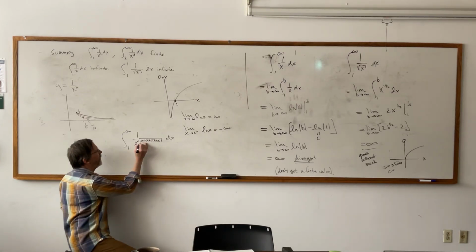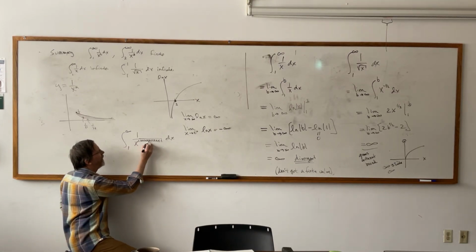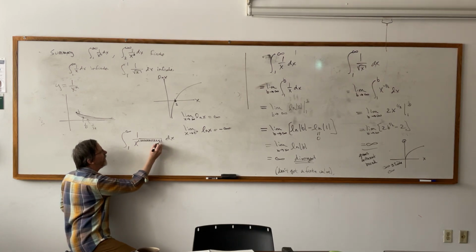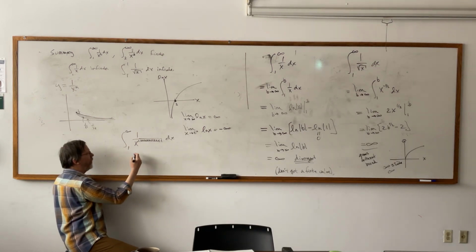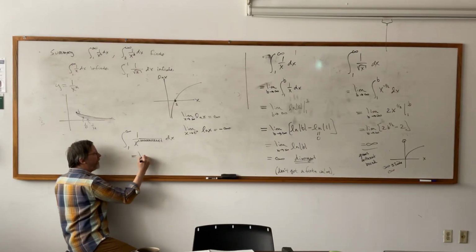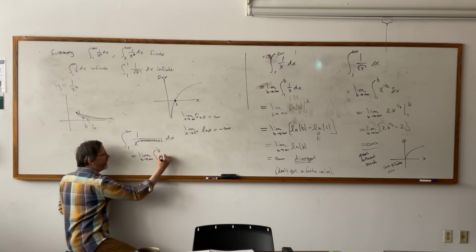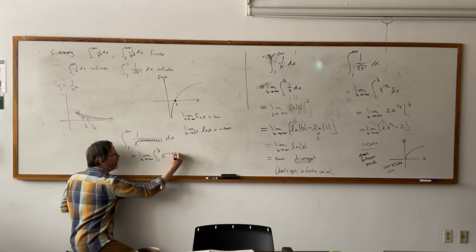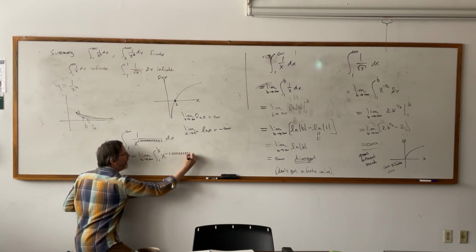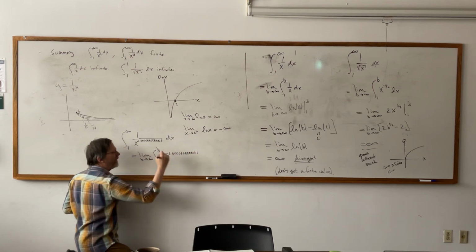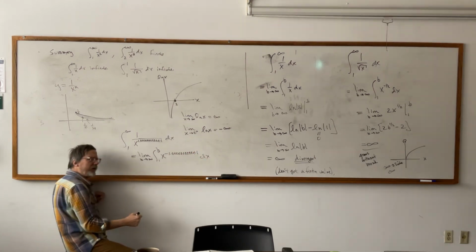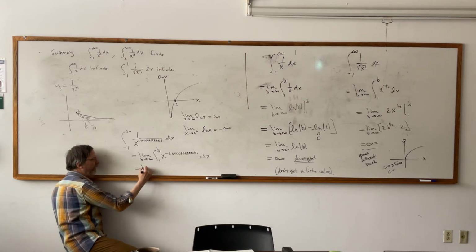Let's see, how many zeros do I have here? It's 11 zeros. I don't even know what that number would be called. But if I work this through, and I like to show everybody this because it's kind of cool, the integral of 1 over x to the 1.00000000001 dx. Let's work it through, keep the limit out in front.